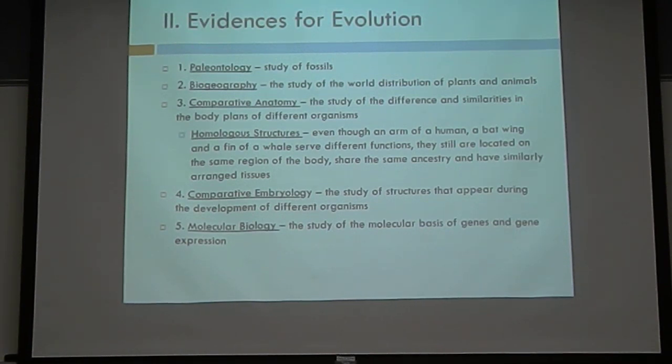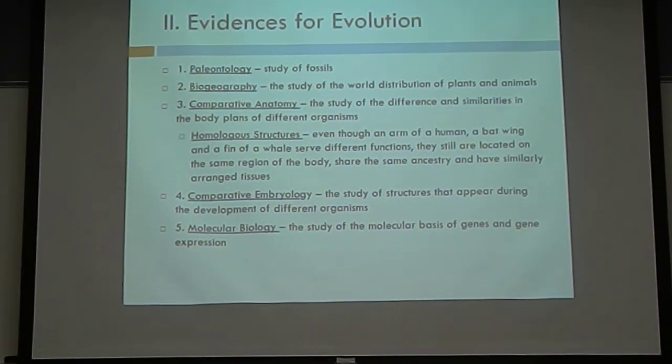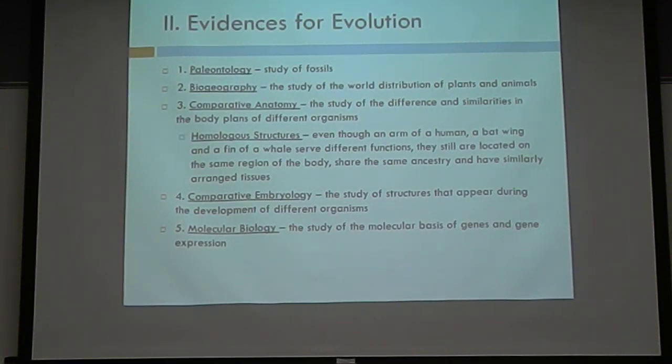This leads us into homologous structures. Remember, homologous chromosomes are those chromosomes that have the same genes, length, and shape. Well, homologous structures are those structures that come from the same region of the body, have the same ancestry, and are arranged similarly, but they may not have the same function.